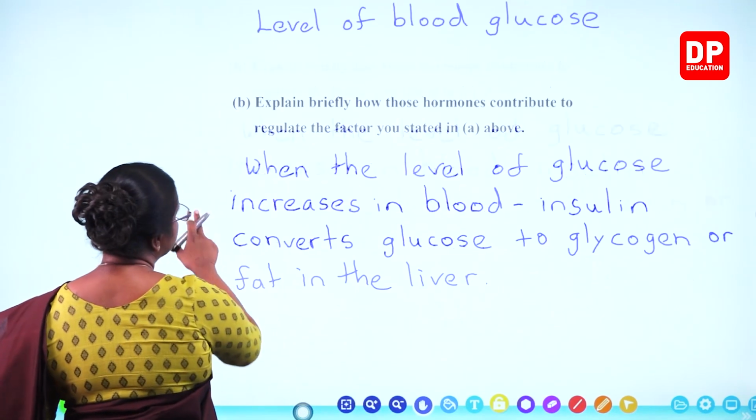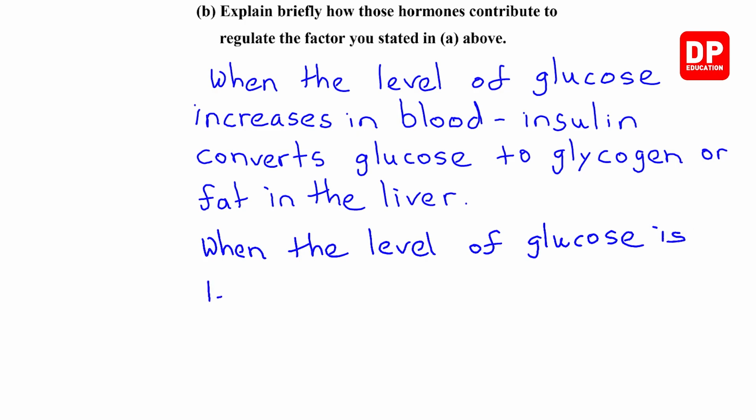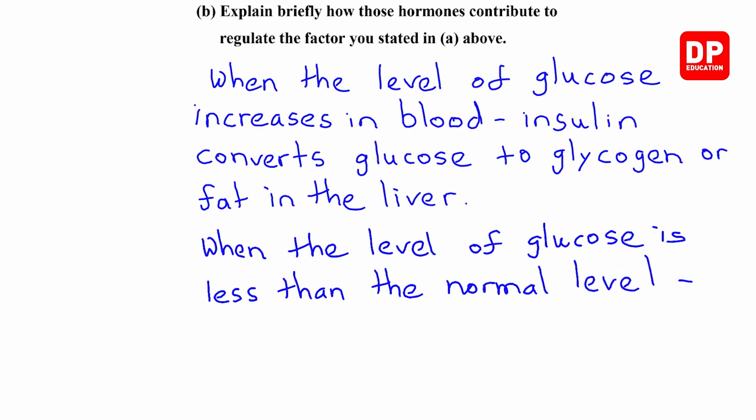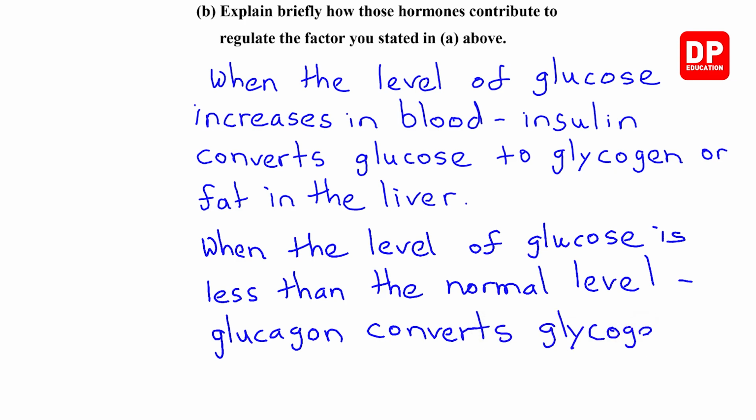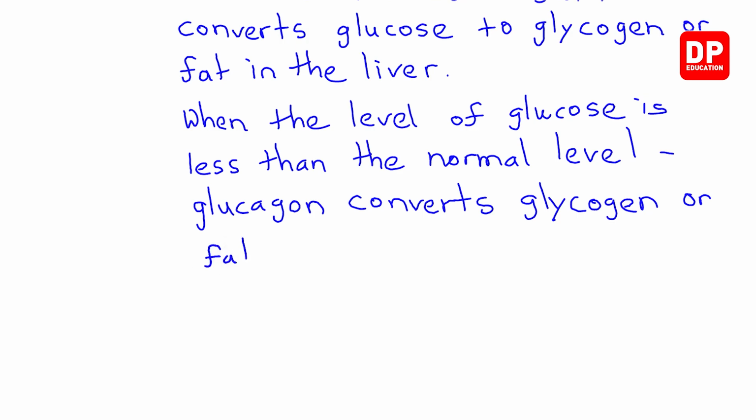At the same time, when the level of glucose is less than the normal level, glucagon converts glycogen or fat to glucose in the liver.